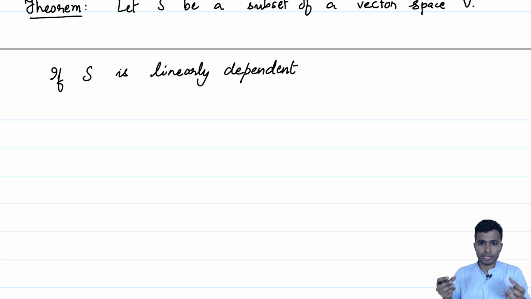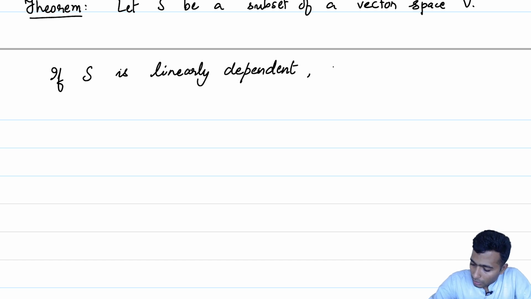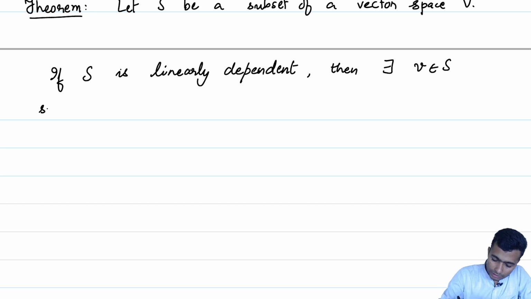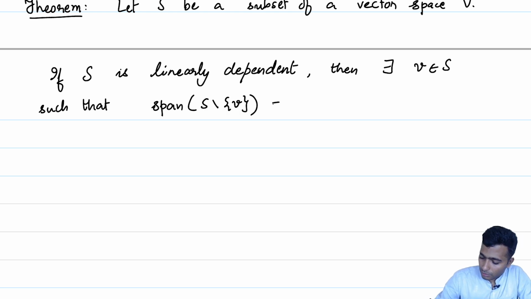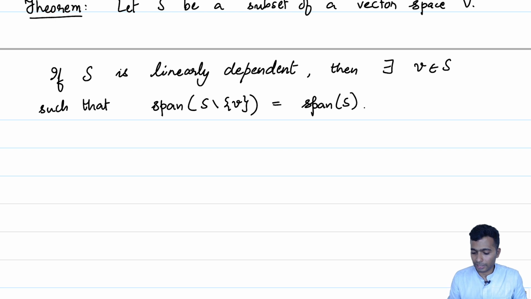V1, V2, V3 were there, and V1, V2, V3 had a non-trivial linear combination which was equal to 0. So, if S is linearly dependent, then there exists a v in S such that the span of S minus v is equal to the span of S. You throw out one vector from S, the span does not change. That is what this part of the theorem says.